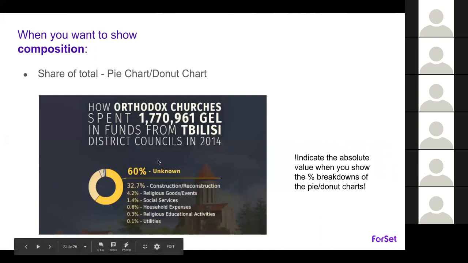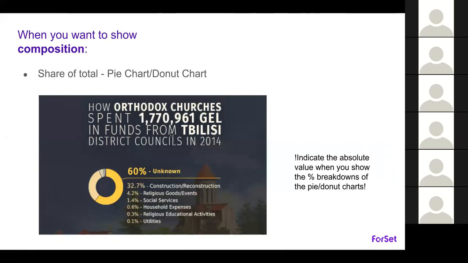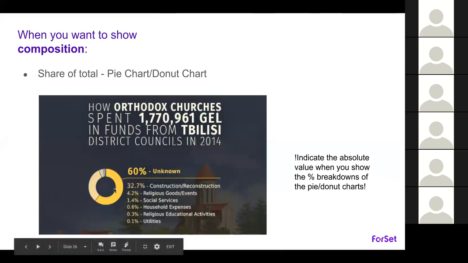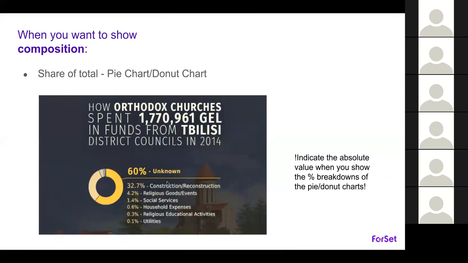Also, when we are using a pie chart with a percentage breakdown, we should always include the total absolute value of the pie chart. For example, in this pie chart, we show that Orthodox churches have spent 1,770,000 lari, and for 60% of these funds, the cause of the spending is unknown.